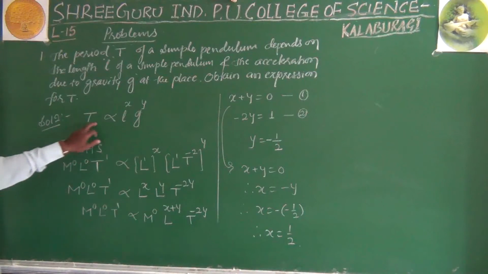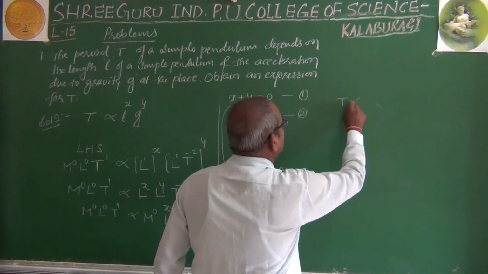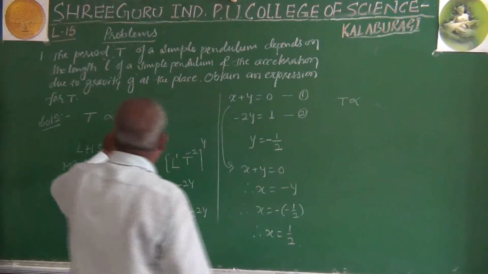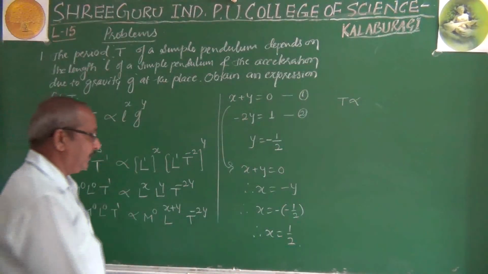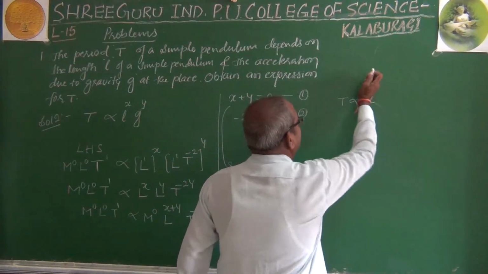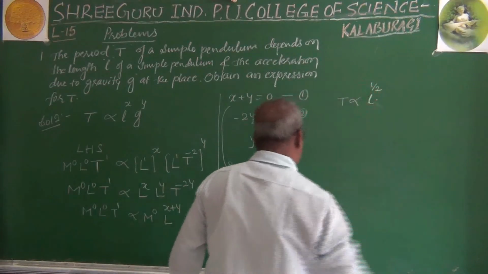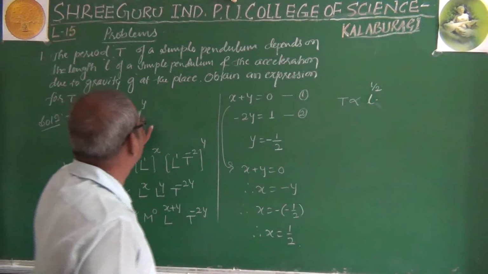Now again we will go to this: T is proportional to L raised to x. How much did we get for x? L raised to 1 by 2, into G raised to y.